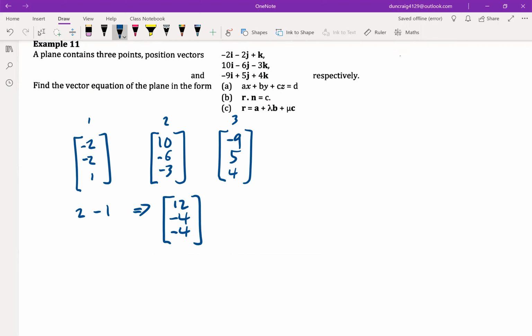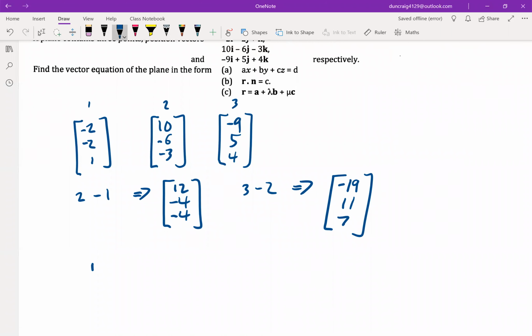I'm also going to do line 3 take 2, and that's going to give me, oh, not minus 7, 3 take 2 is minus 19, 5, that's going to be 11, and 7 there. Okay, so I've got those ones there.